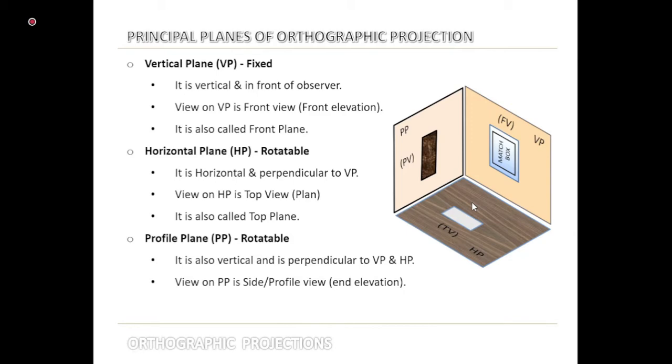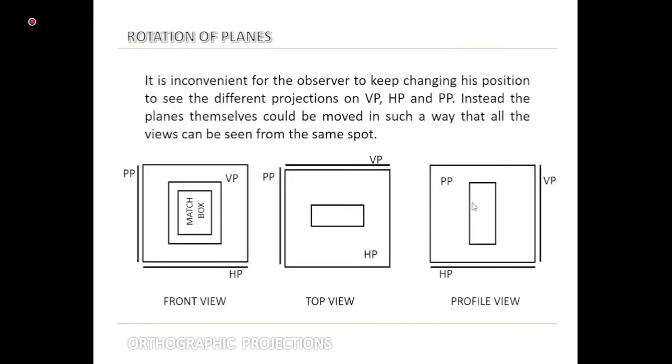Some people call it the front plane for the vertical plane. For the horizontal plane, they call it the top plane because they draw the top view on it. Then they call the profile plane the auxiliary vertical plane. Okay. So these are the three views. Now we will come to this. We will come to this.